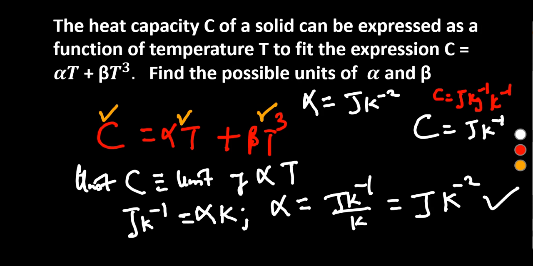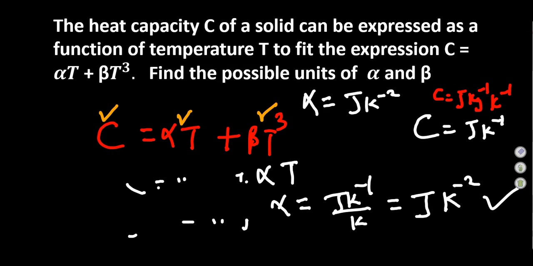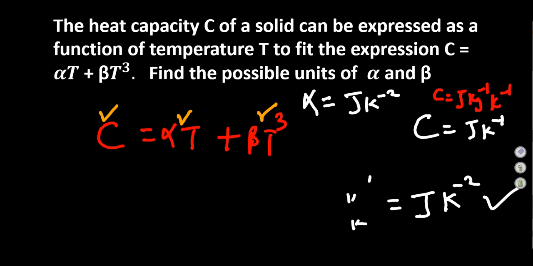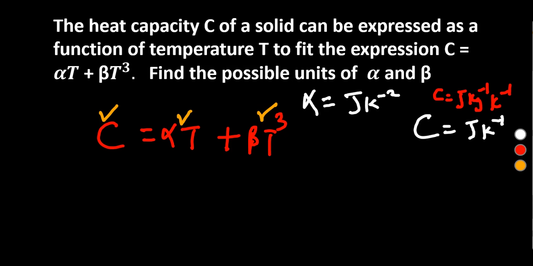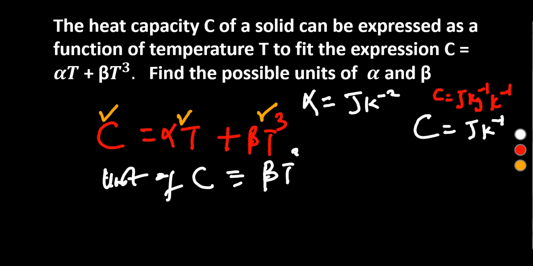So quickly now, let's do that of beta. So we have said that the unit of C will be the same as the unit of the whole of this. So the unit of C will be equivalent to the unit of this, the whole of this.